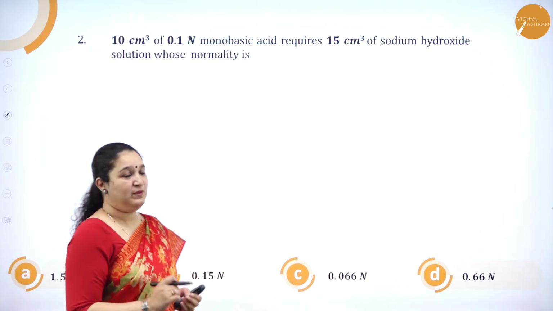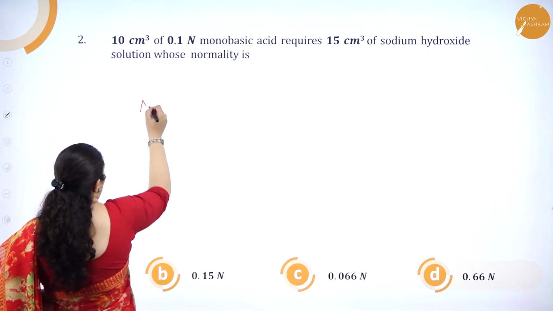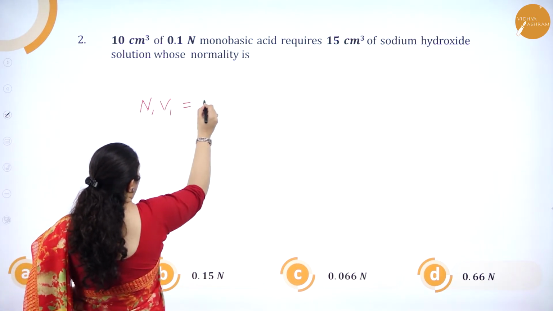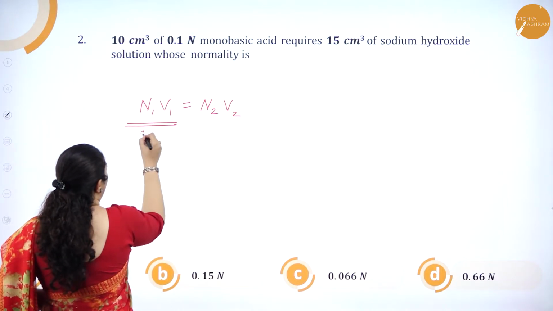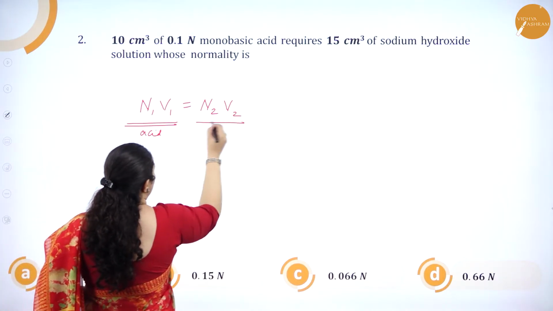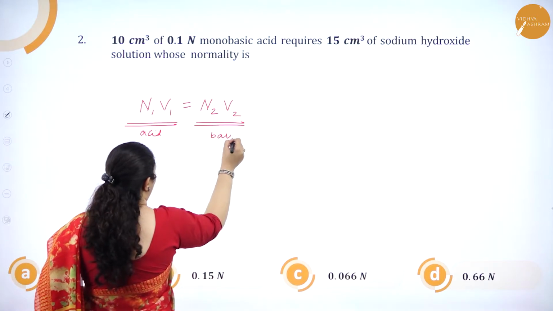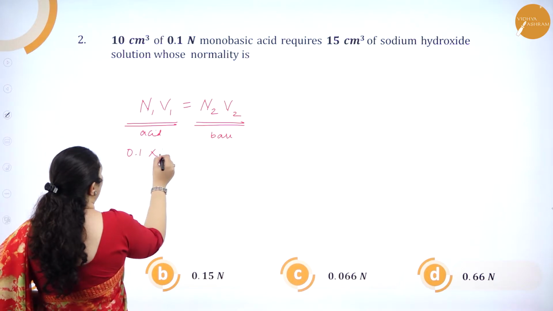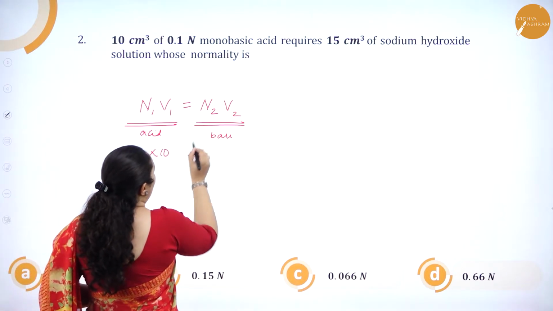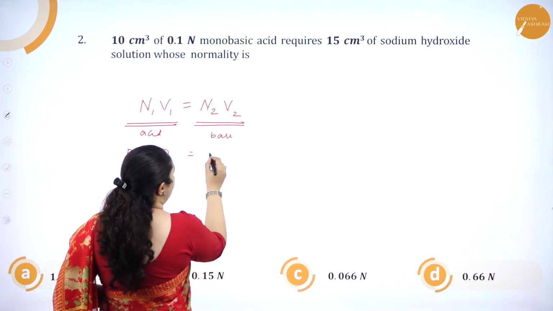It's a very simple question where you have to use N1 V1 is equal to N2 V2. This I shall write for acid and this is for the base. So acid normality is 0.1, volume is 10 cm cube. Normality of the base I need to find out.